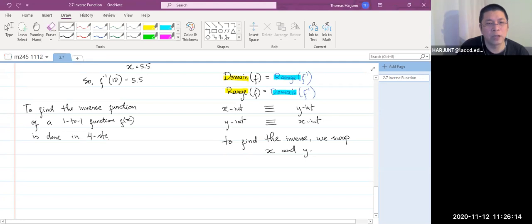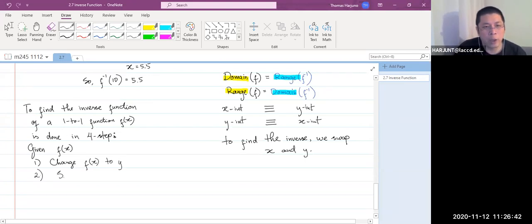In your test, when I ask you to find the inverse function, I need you to do it in these 4 steps. Okay, the first step, given f(x): change f(x) to y. Second, we swap x and y.